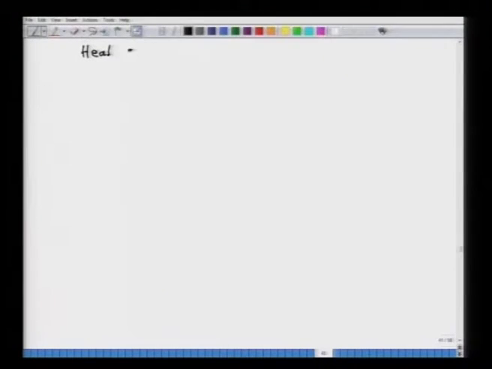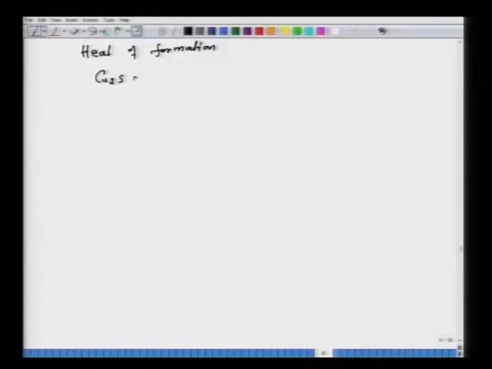Now, I would like to give you certain heat of formation values, so that you can see that a large amount of heat is generated during roasting. For example, Cu2S has a heat of formation of minus 18,950 kilocalorie per kg mole. ZnS, minus 44,000 kilocalorie per kg mole.